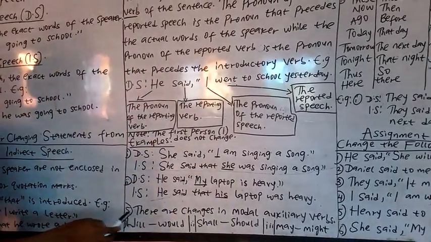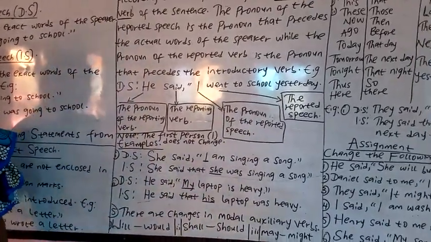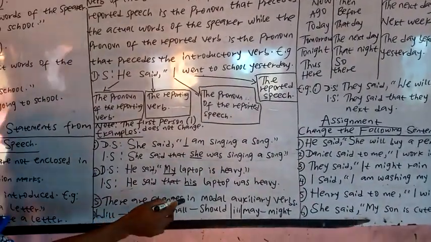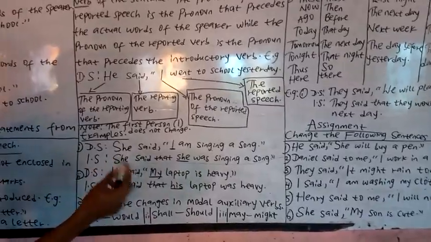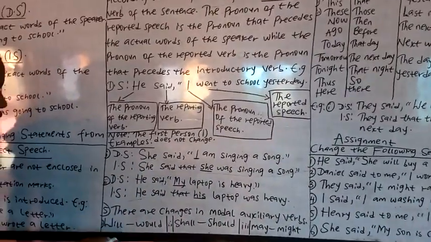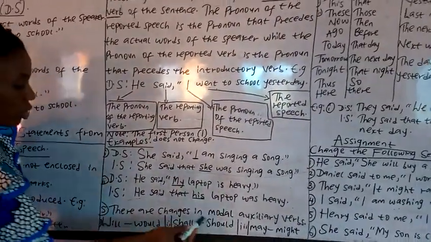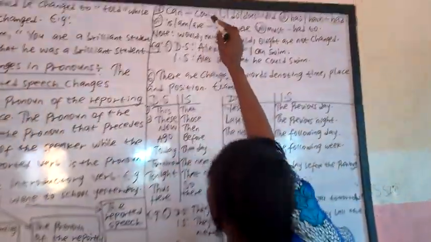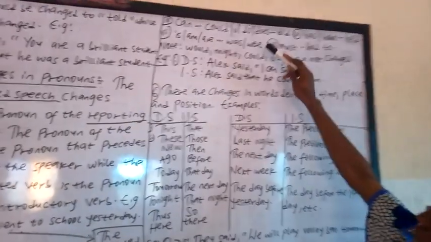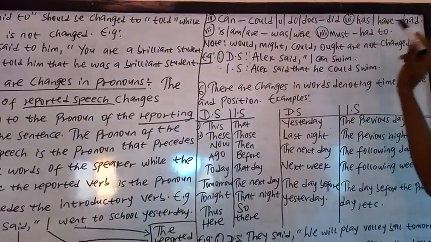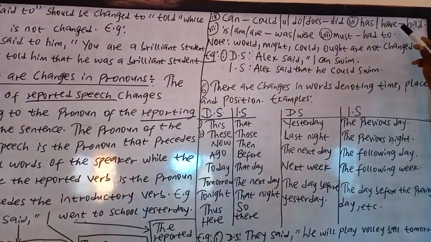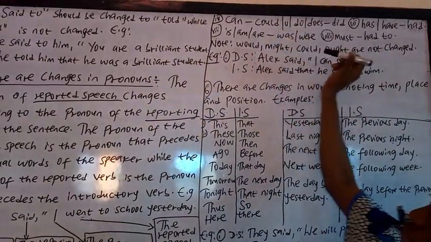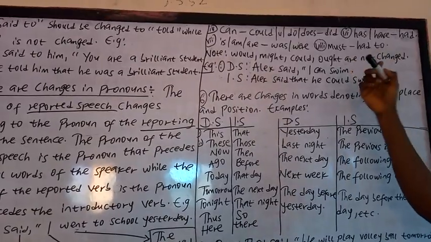Okay, number five, there are changes in modal auxiliary verbs. I told you last time that modal auxiliary verbs include will, shall, and so on. So will changes to would, shall changes to should, may changes to might, can changes to could, do and does change to did, has and have change to had, is and are change to was or were as the case may be.